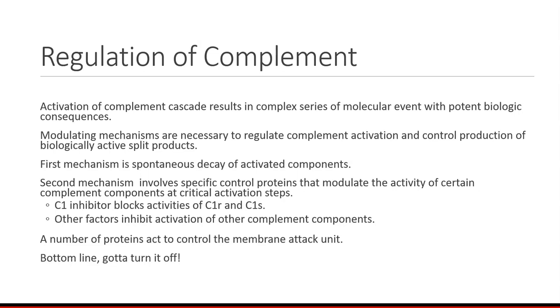They're split off from the complement, thrown into the plasma, and then just go away. The second mechanism involves specific control proteins that modulate the activity of certain complement components at critical activation steps. C1 inhibitor blocks activities of C1r and C1s. There are other factors that inhibit activation of other complement components. A number of proteins act to control the membrane attack unit. The bottom line is you got to turn it off.